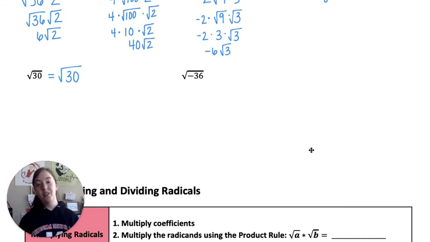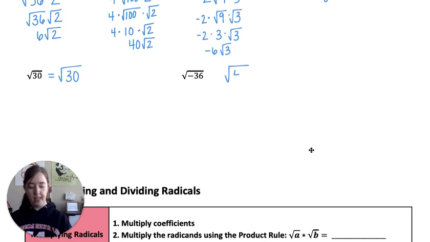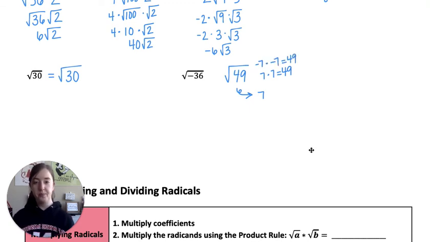And then let's talk about the square root of -36. So remember, when we take the square root of like 49 and we get 7, that's because we know 7 times 7 equals 49. Now also -7 times -7 is equal to 49, right?